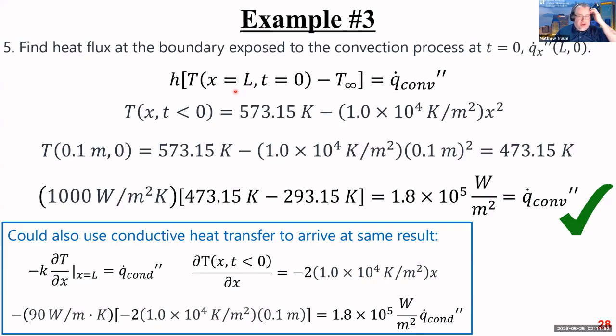The boundary condition, right? That I've got convective heat transfer at x equals L, which is the wall. So the temperature at x equals L and the initial time minus whatever the far out ambient temperature is just equal to my convective heat transfer per unit area.